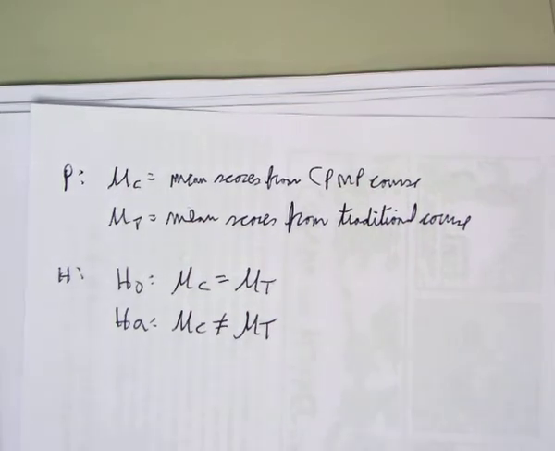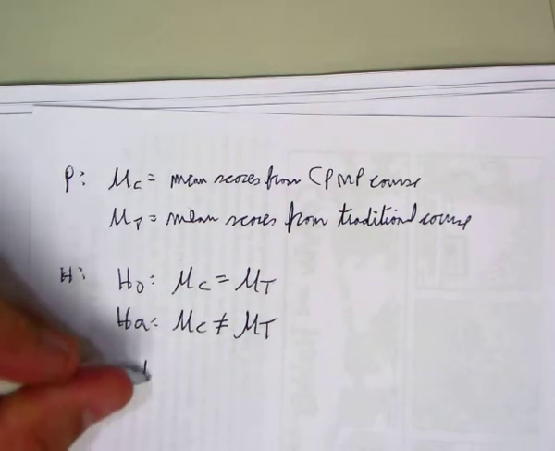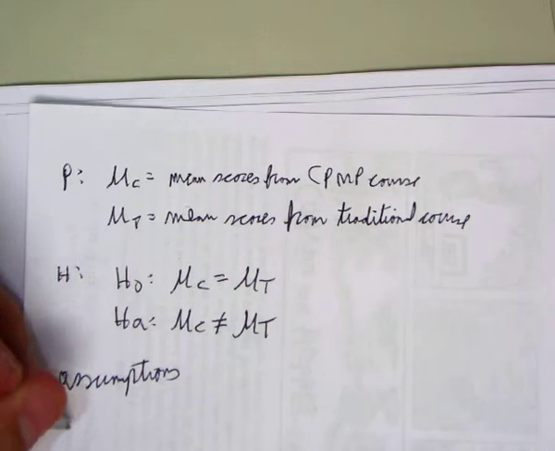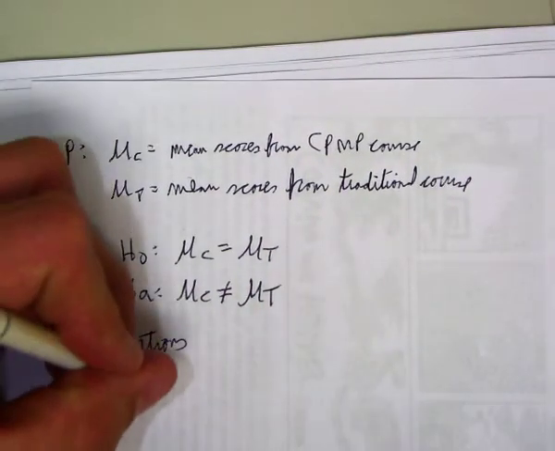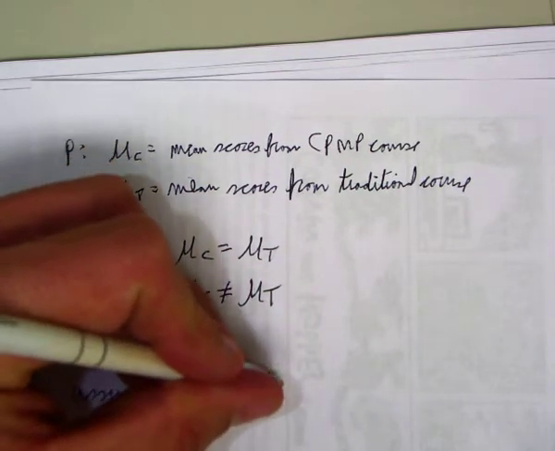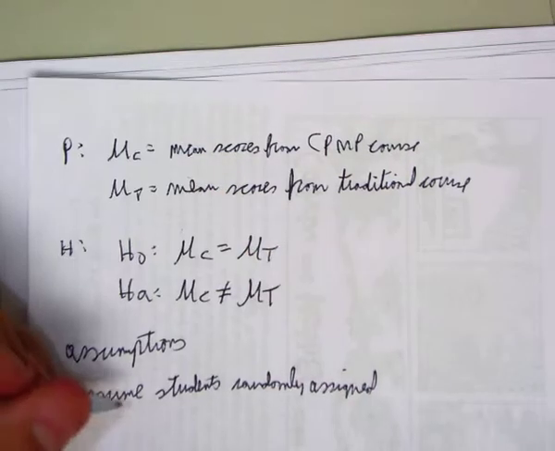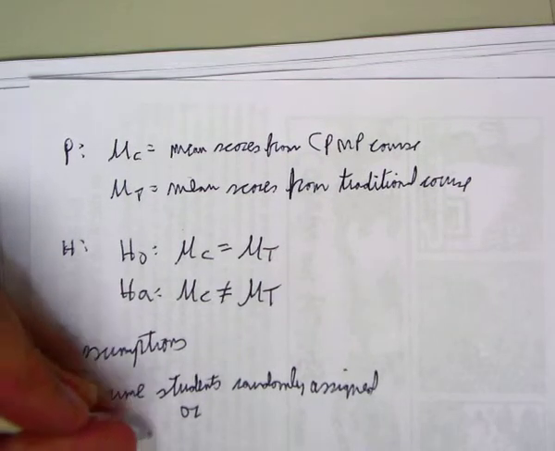So now we have to go through part B, the assumptions. What does it say here? It doesn't say that the courses were randomly assigned. Well, we can assume that students were randomly assigned, or we can assume that the students are representative.